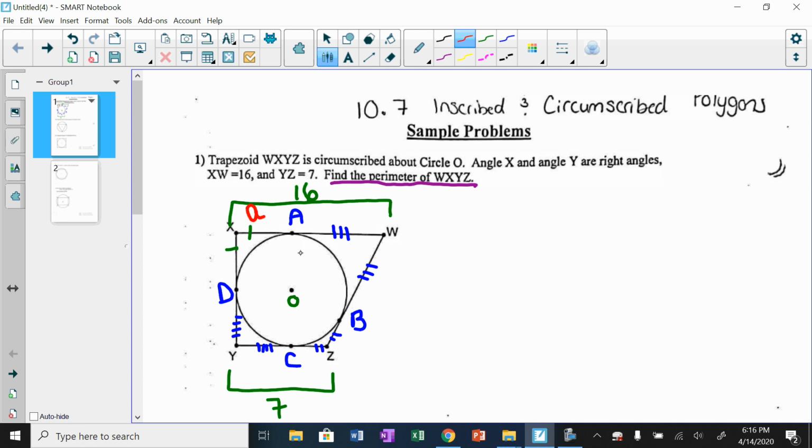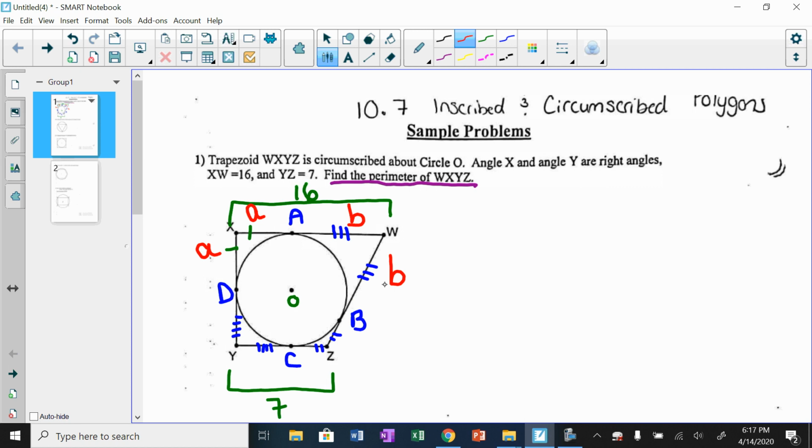That's the length. And AW is a lowercase b. That's an unknown length, and that's what we're going to use. Now, we know XA and XD are the same, so XD is a lowercase a. And we know that AW is the same as WB, so that has to be a lowercase b.